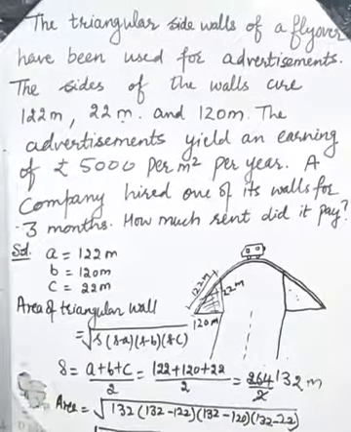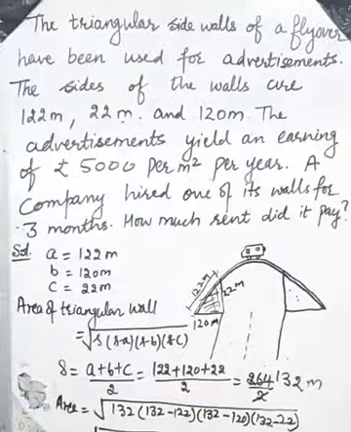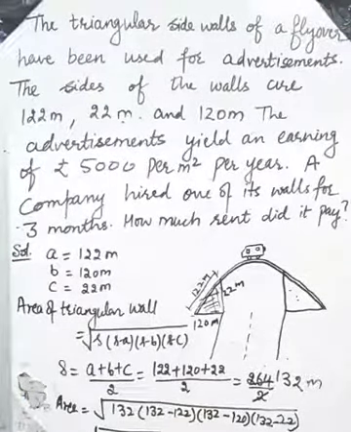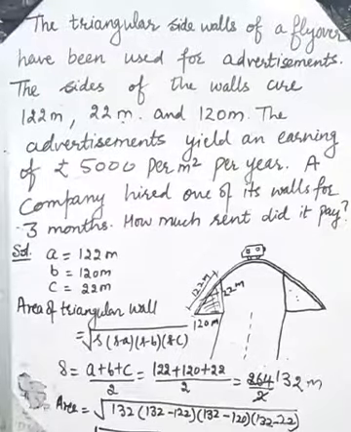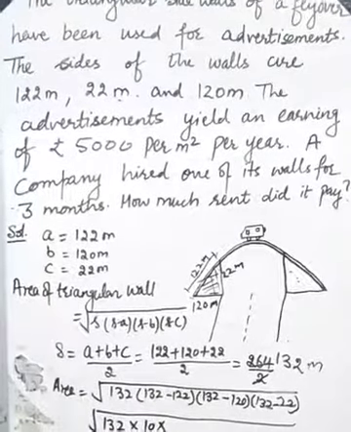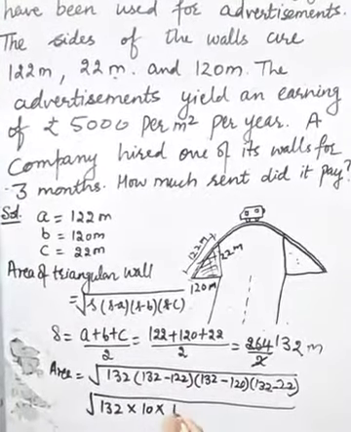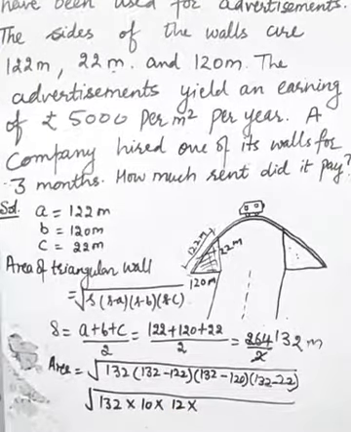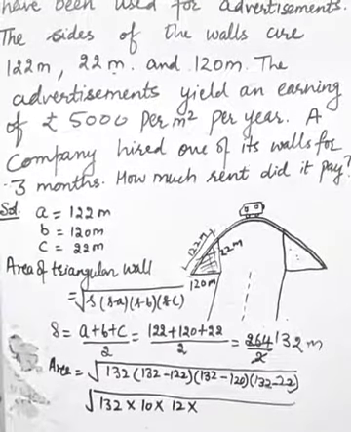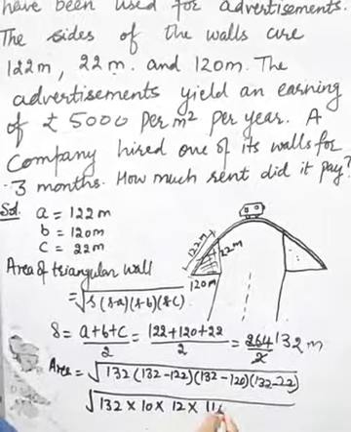Now simplify it. By simplifying, 132 minus 122 will equal to 10. 132 minus 120 will equal to 12. 132 minus 22 will equal to 110.